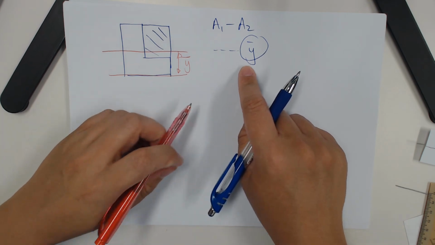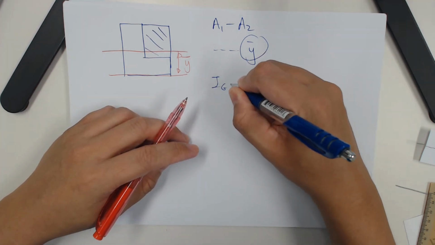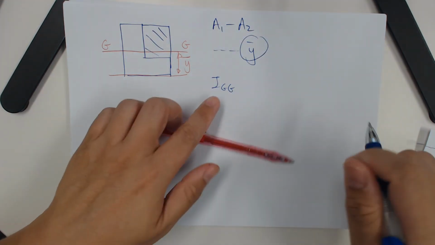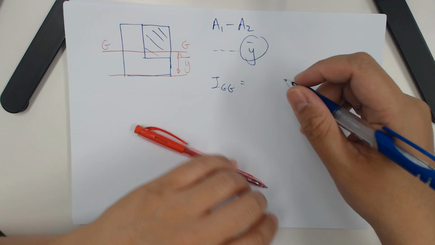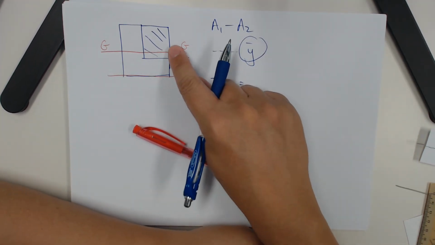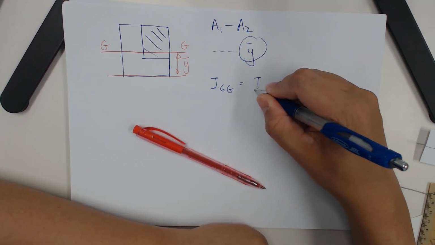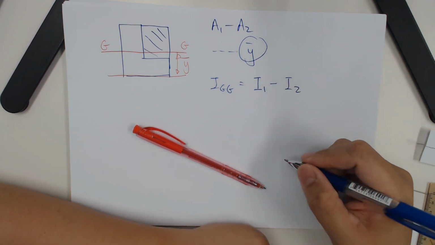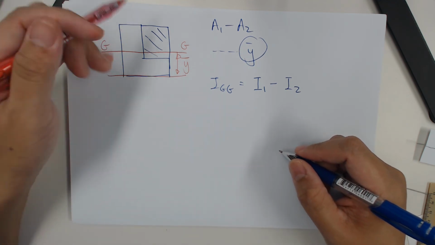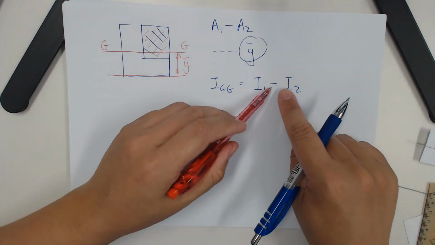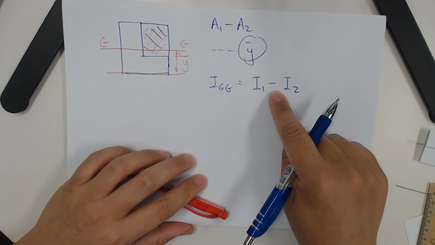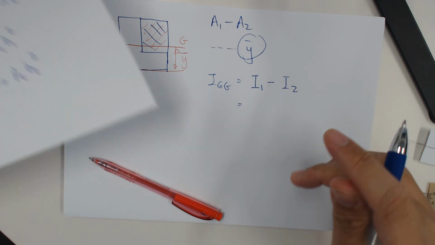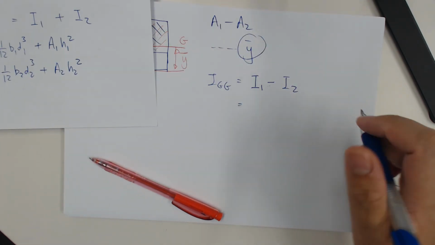After that, your IGG, you have to remember, because it is big rectangle minus small rectangle, it is no longer I1 plus I2. It has to be I1 minus I2. This one is a negative, so you have to have this minus. And what's even more important is that when you expand to something like this, you have to be mindful.